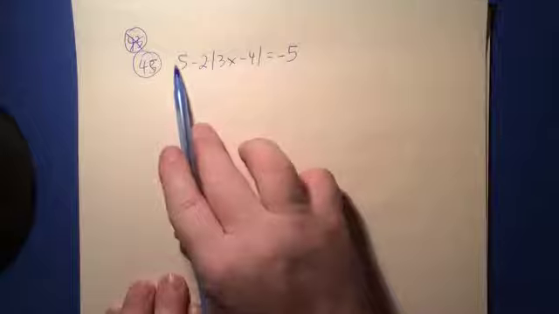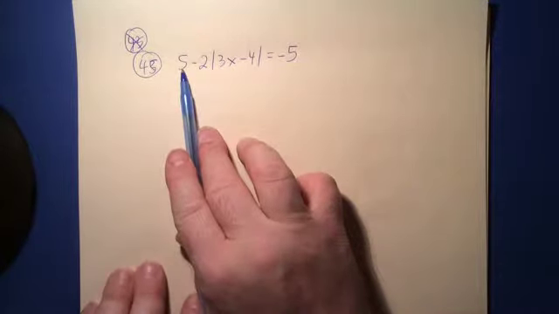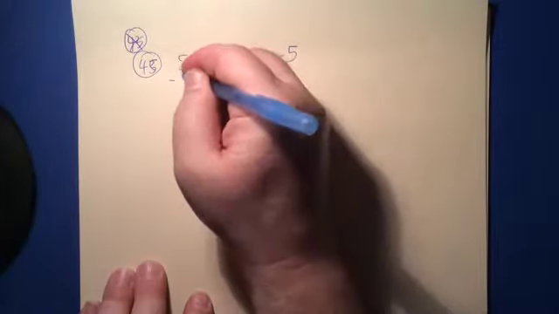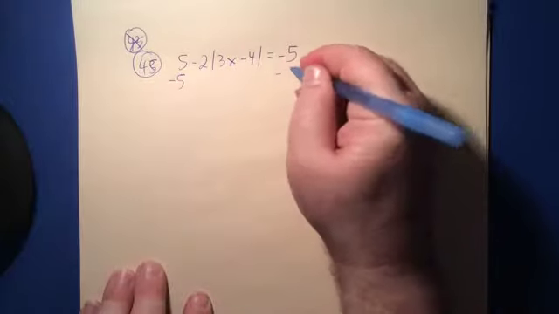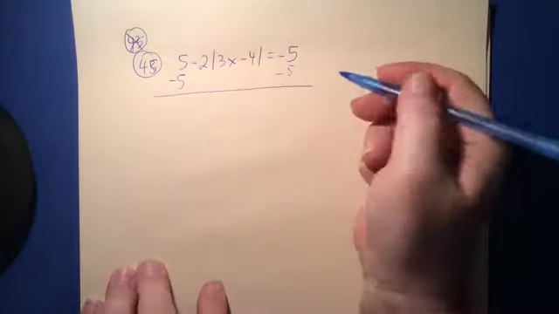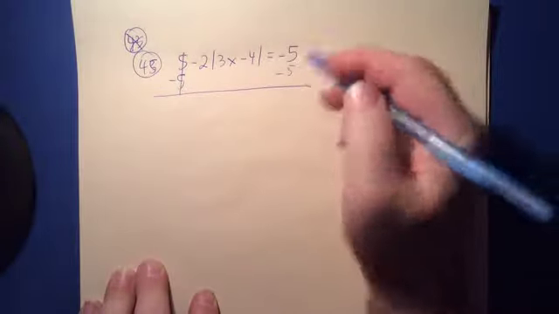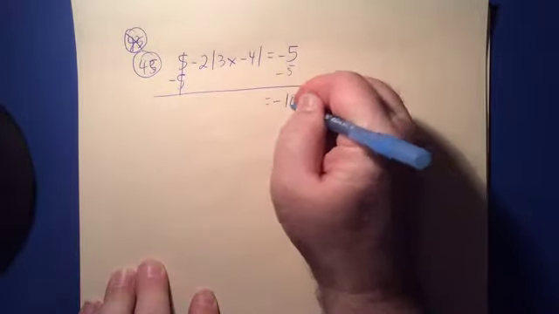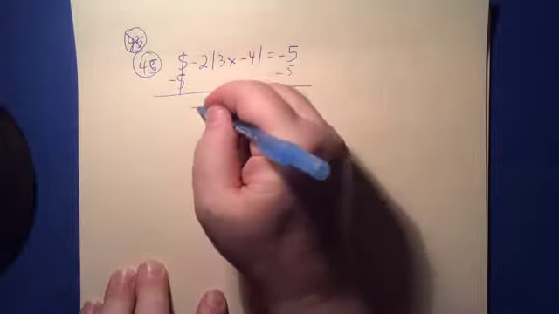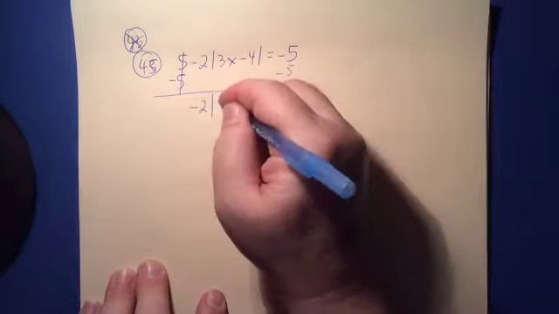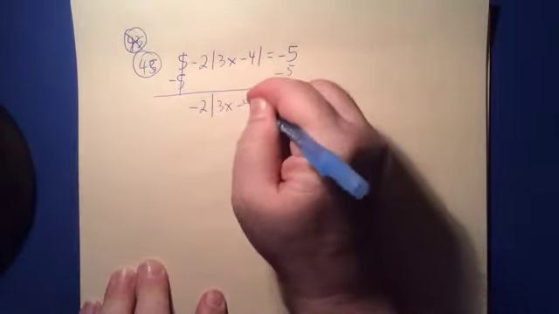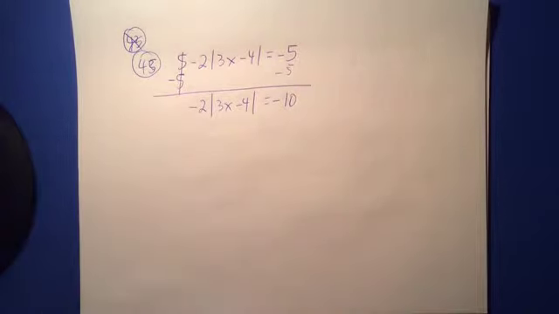So now, I need first to get rid of this positive 5, so I'm going to subtract 5 from both sides. 5 minus 5 reduces to 0. Negative 5 is going to give me negative 10. So now I'm going to have negative 2 times the absolute value of 3x minus 4 equals negative 10.